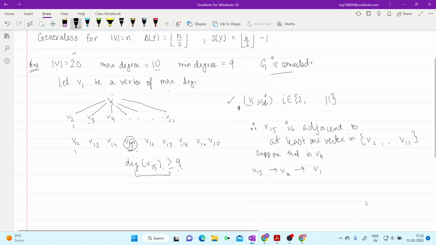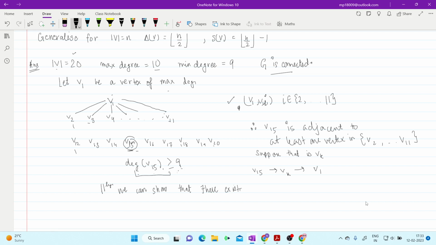And similarly we can show that there exists a path from V1 to Vm where m is between 12 and 20.